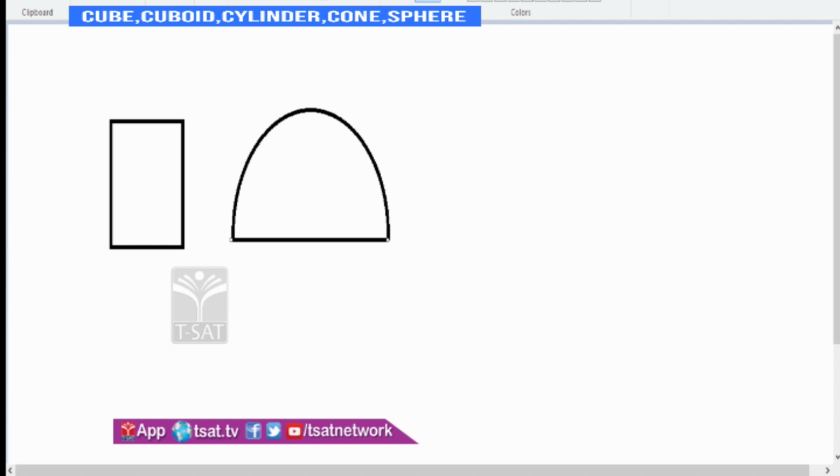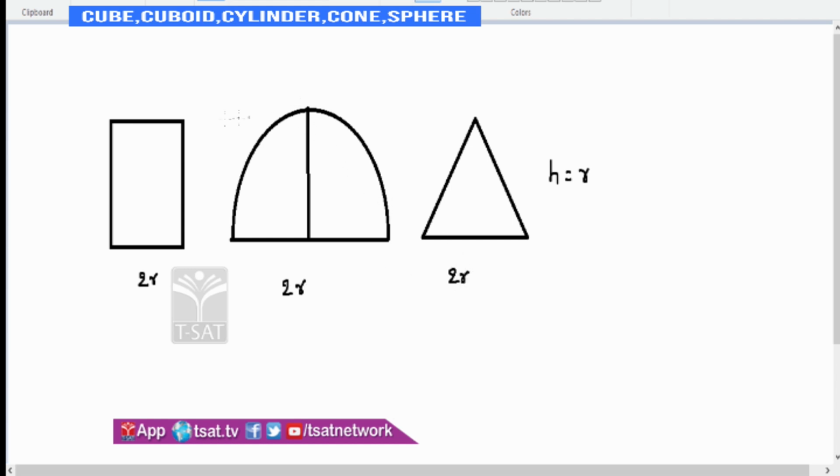The front view of the cone looks like a triangle, right? So here we can say height is equal to radius only, because the radii are the same anyway. All of them have the same height and same radius. Base radius, if you take it, is 2r. This is also 2r. This is also 2r. Now height for both of them is equal to r.